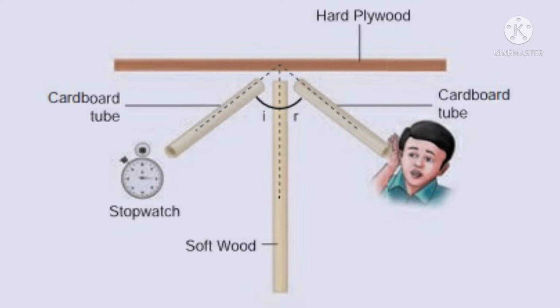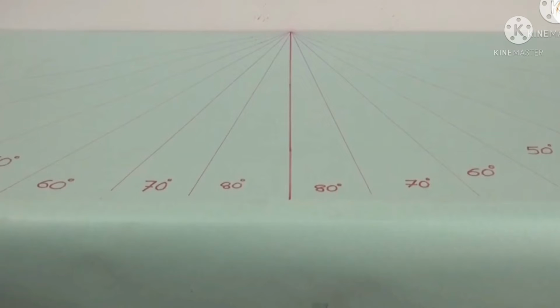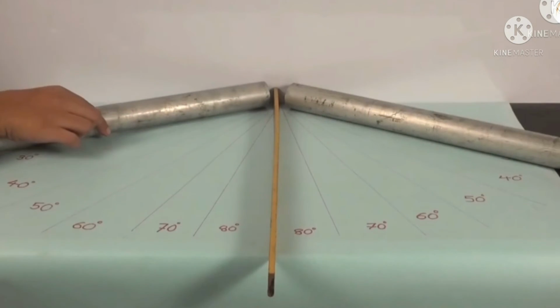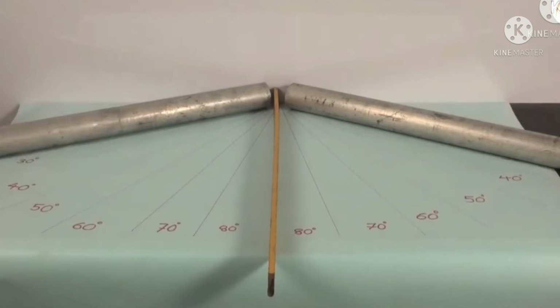For this activity we need two long identical tubes or pipes and a clock. So take two long identical tubes and place them on a table. Draw the angles as shown in the video, and place a scale exactly on the 90 degrees, that is the normal of this.